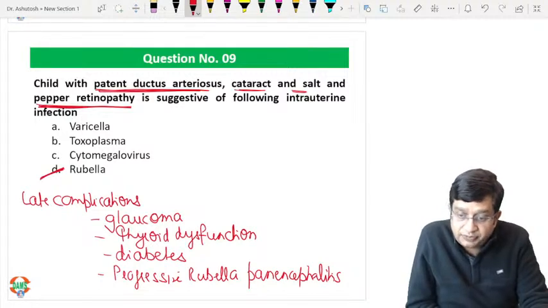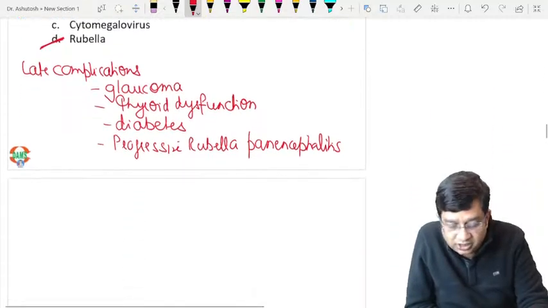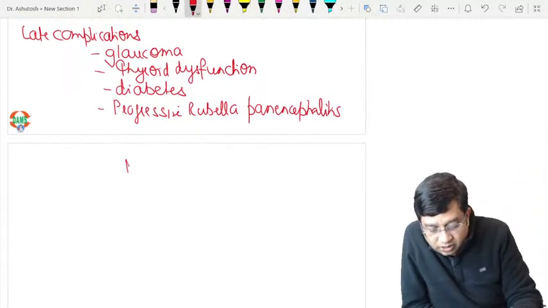Toxoplasma can be treated, cytomegalo can be treated, herpes can be treated. I am talking out of the torch infection, but rubella को आप treat ही नहीं कर सकते. So what you particularly say, mother has rubella.